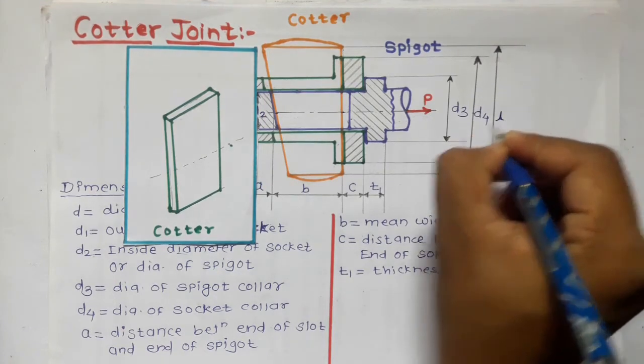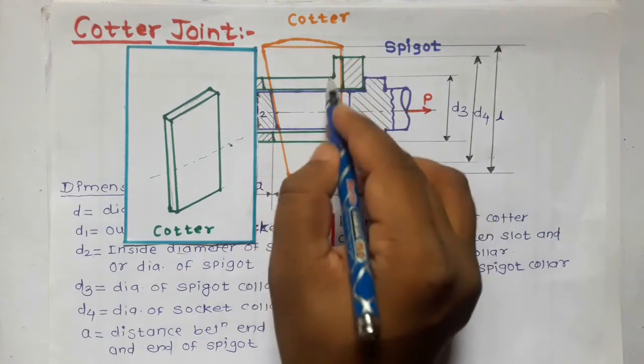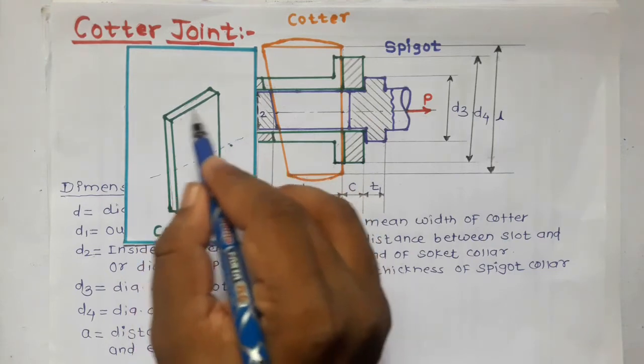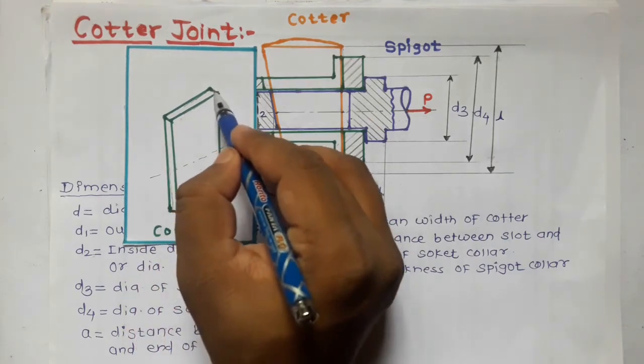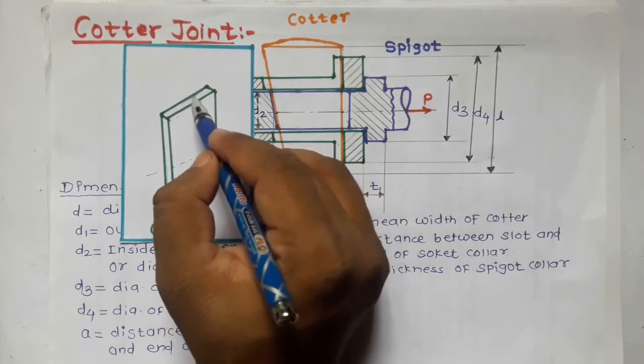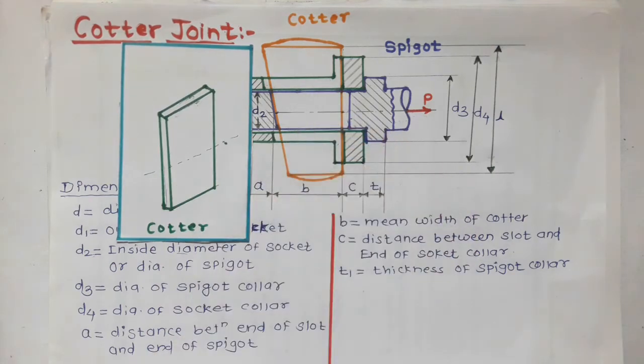So small l is the length of this quarter, but we cannot show the thickness of this quarter in this diagram. For that purpose you have to consider this diagram of quarter. This is nothing but the thickness of this quarter, denoted by small t, that we cannot show in this diagram. So let us write this: length of quarter and thickness of quarter.